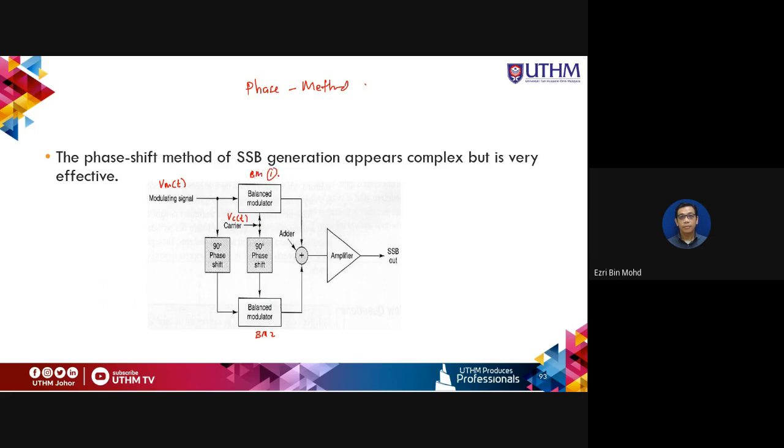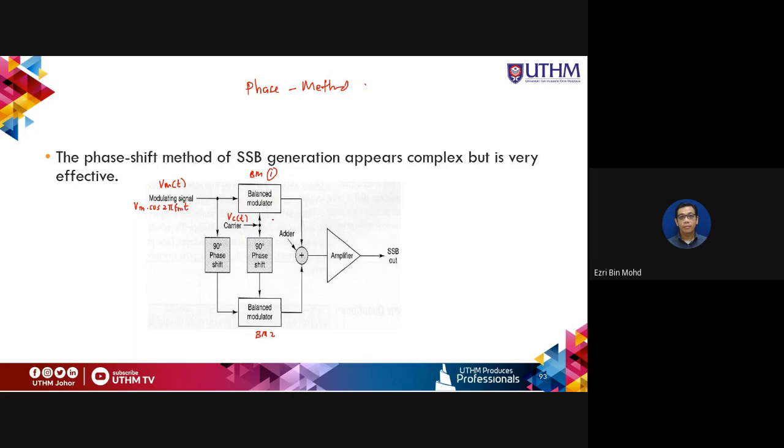This one balance modulator 1. So here balance modulator 1 receives an input with no phase shift. Balance modulator 2 receives two inputs with 90-degree phase shift. Okay. Let's say VM cos 2 pi FMT.